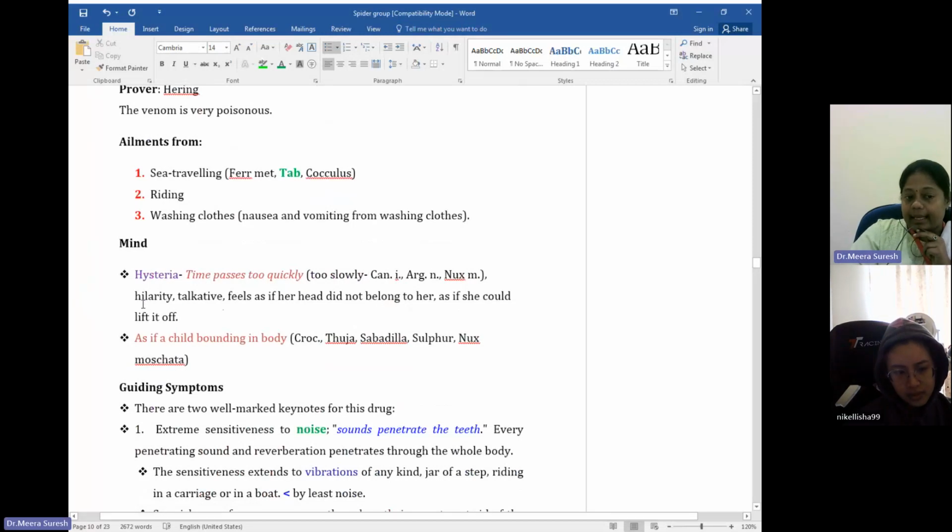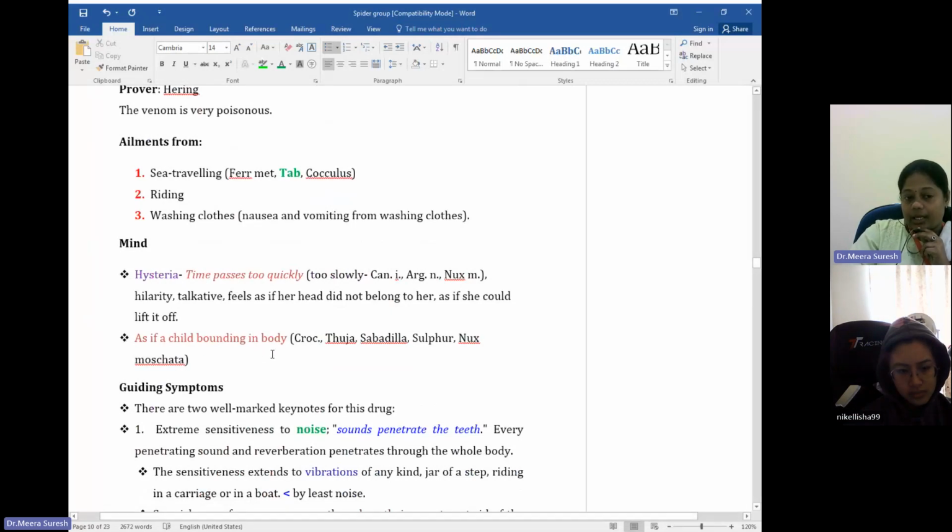And in hysteria, they can also manifest hilarity, always laughing, talkative, and they have some strange sensation as if the head doesn't belong to her and she could remove the head from her neck, and all those crazy things. That's how her hysteria is manifested. And another important symptom will be as if a child is present inside her womb, like pseudo pregnancy or pseudocyesis. She has such a thought.